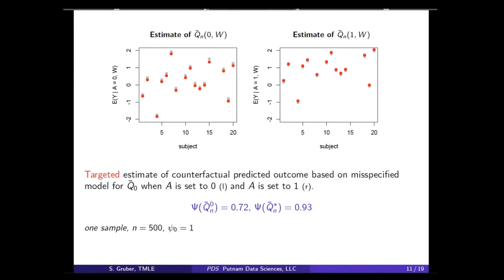That happens with all analyses. I'm not showing it, but you can do this hundreds or thousands of times, and then you see that on average, you get an answer that's very close to 1 after targeting. So that should convince you that targeting can be helpful, at least when the initial outcome model is not correct.